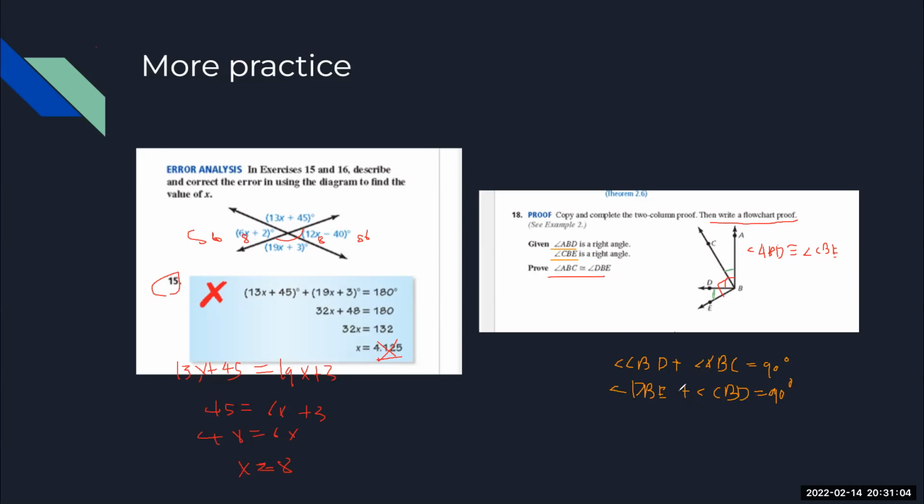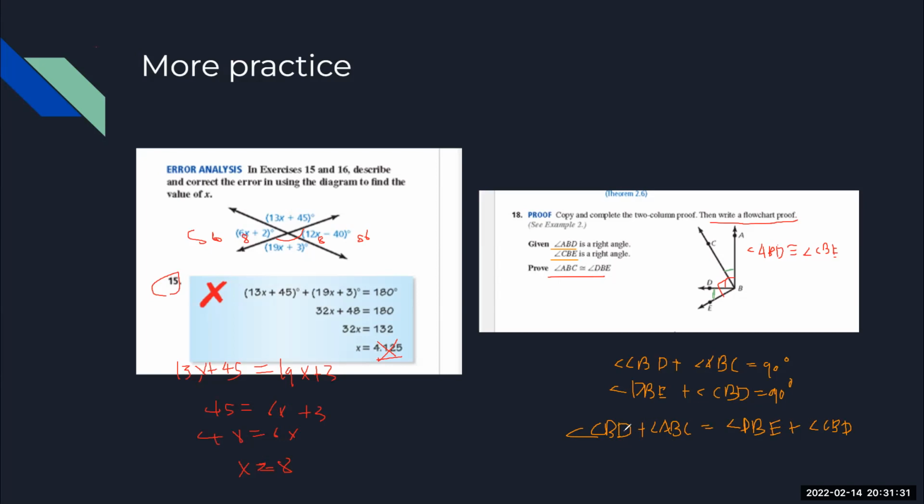From what you see right here, you can set angle CBD plus angle ABC equal to angle DBE plus angle CBD, because they're both 90 degrees, and 90 degrees equals 90 degrees.